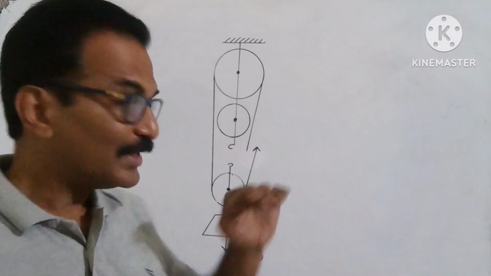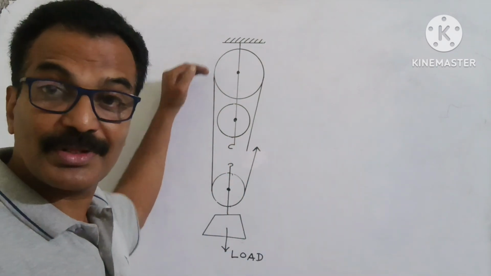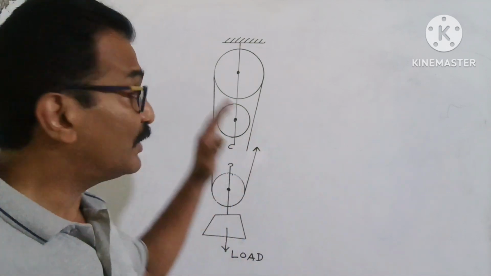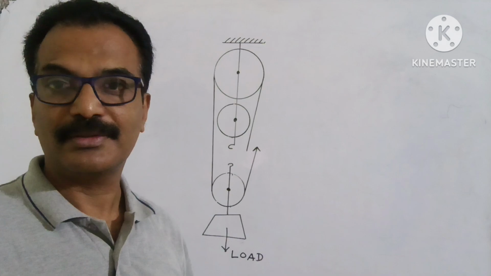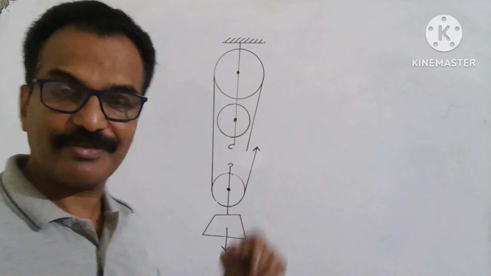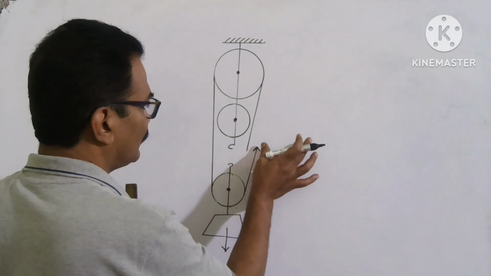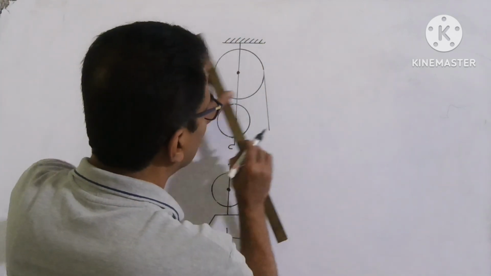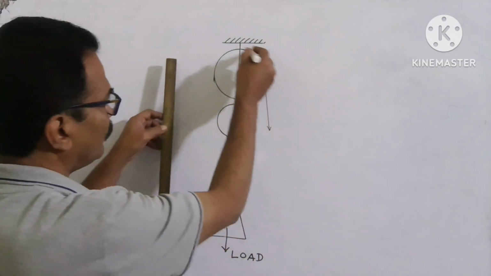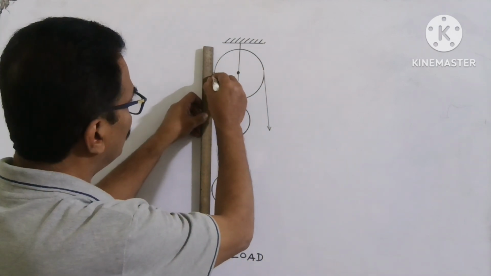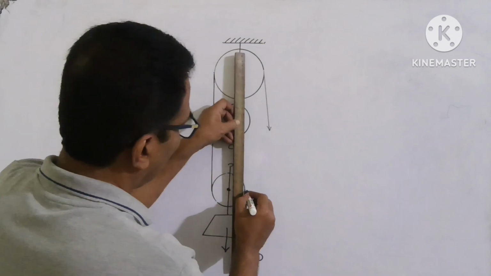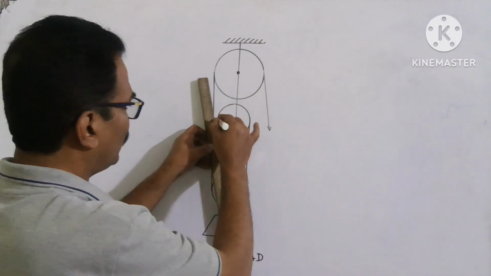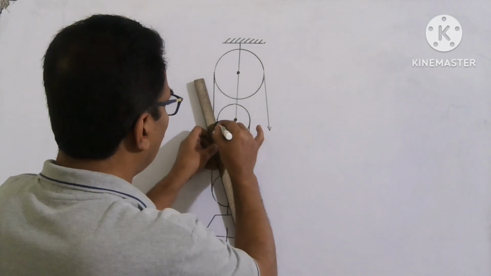So now you understood. If the number of pulleys in the upper block is one more than the number of pulleys in the lower block, effort cannot be applied in the upward direction and it has to be applied in the downward direction. We can apply effort in the downward direction. That is easy. See. This rope from the upper block will go to the lower block, then the upper block, again from there to the lower block, no more pulleys.